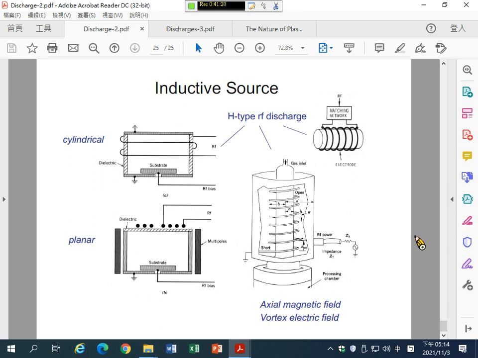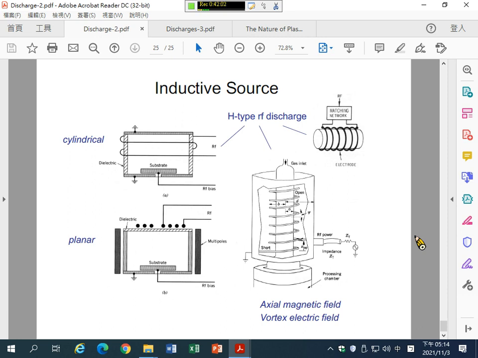And since you also apply an electrical field by using the RF power, when the electrons travel, they will get accelerated by the electrical field. So combined with the inductive H field and the RF field, you can generate plasma inside.